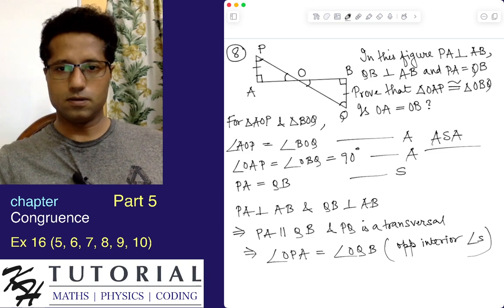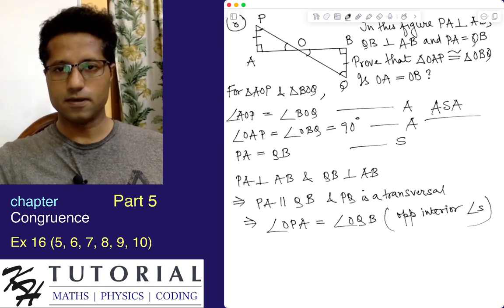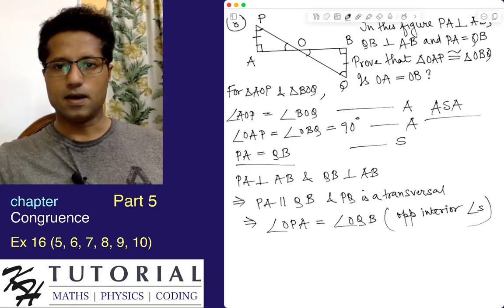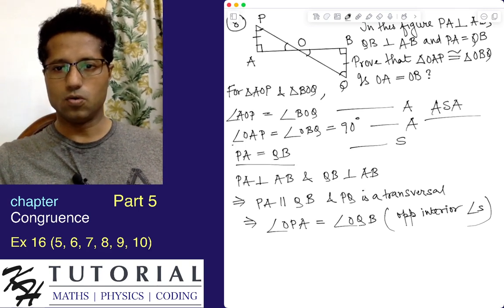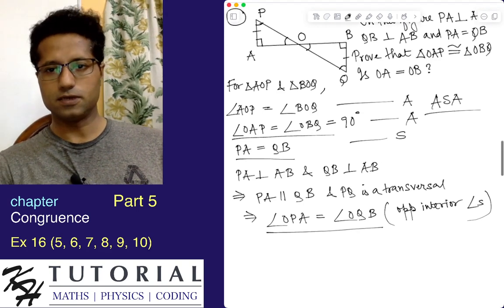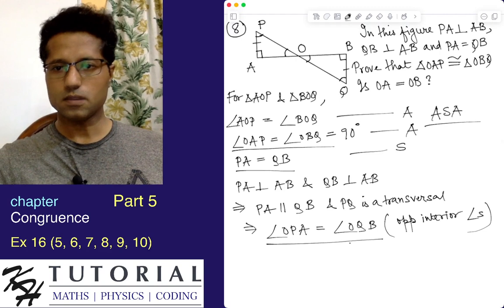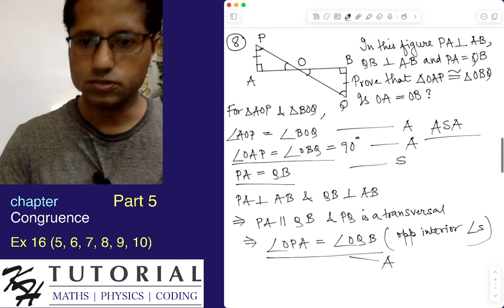Now we have to consider the three matching parts: PA equals QB, angle OAP is equal to angle OBQ, and angle OPA equals angle OQB. These are the three matching parts.